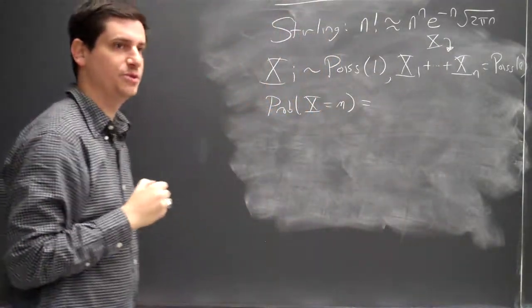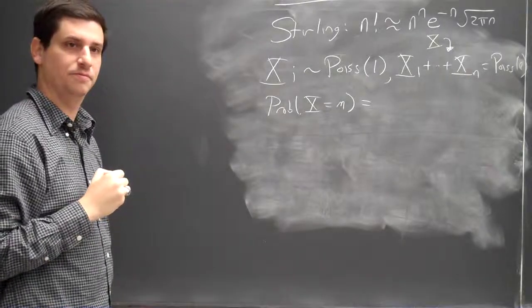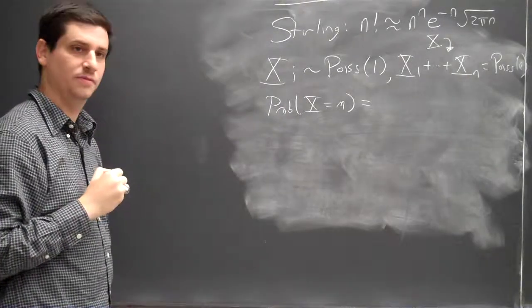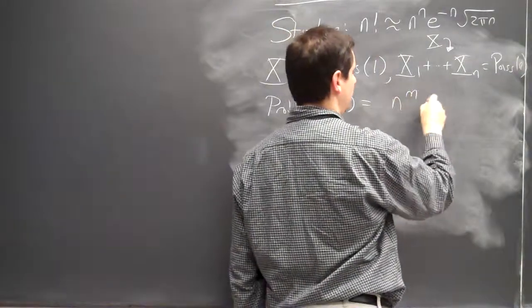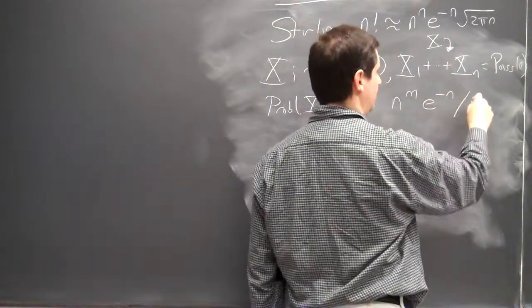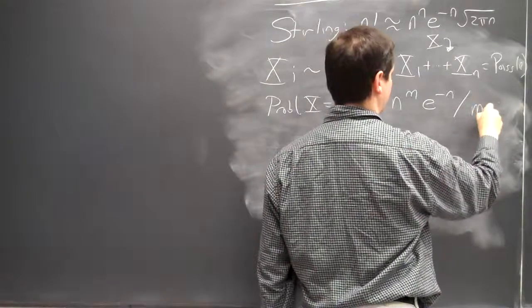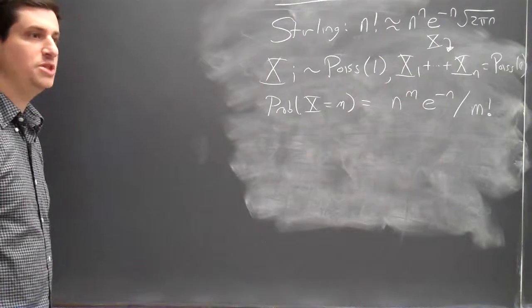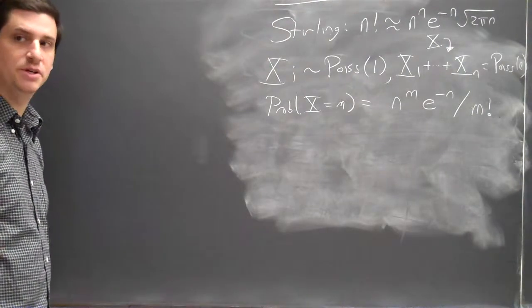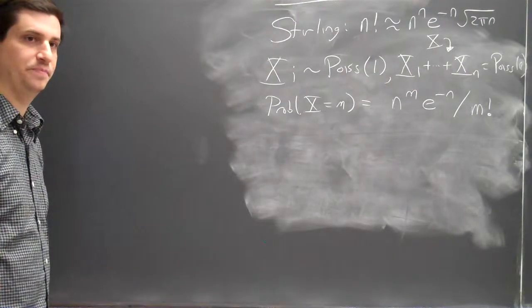What's the Poisson parameter for this? n. So we're going to get n to the m, e to the minus n, divided by m factorial. I'm just taking the Poisson random variable, and wherever I see lambda, I'm replacing lambda with n.